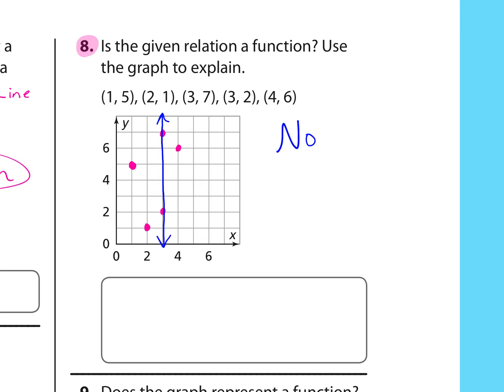So no, this is not a function. And we can tell because we have these ordered pairs, (3, 2) and (3, 7). Each x of 3 has more than one output, more than one y, 2 and 7. So no, it's not a function.